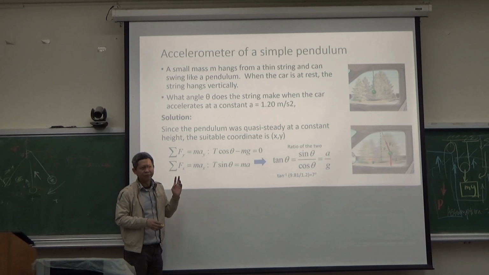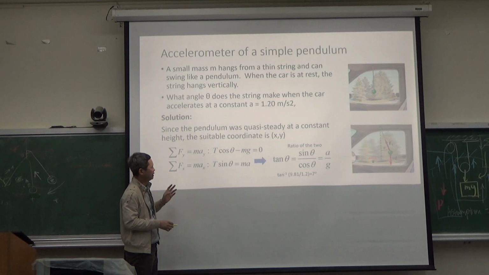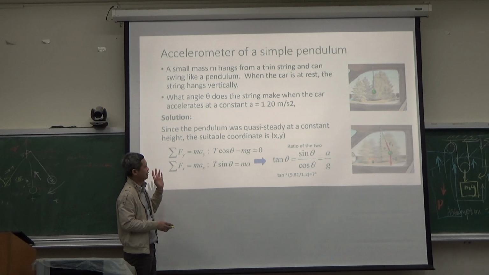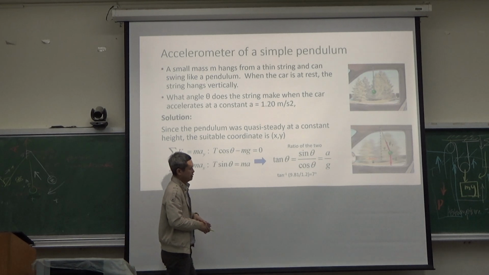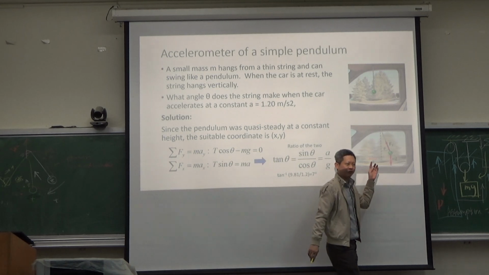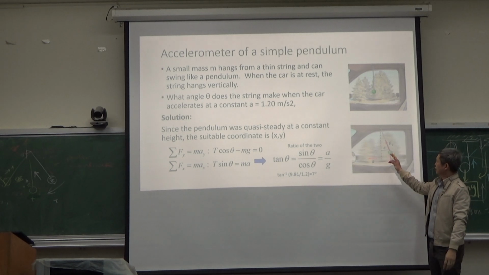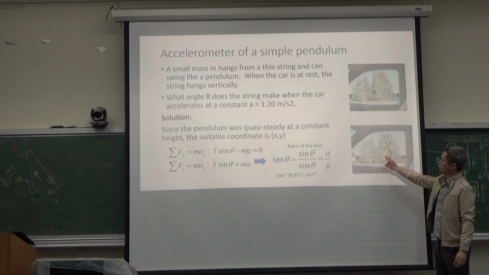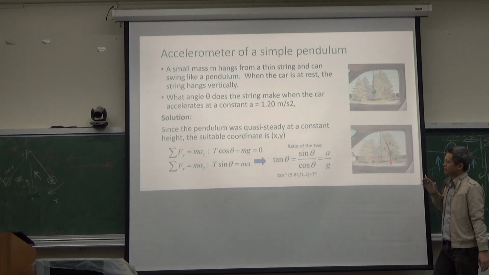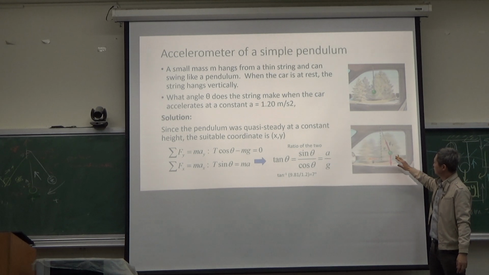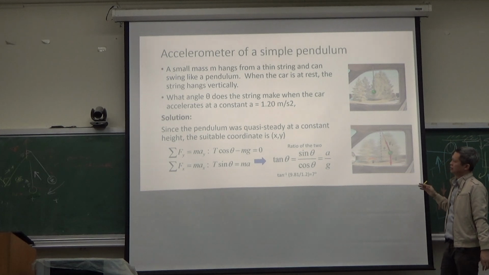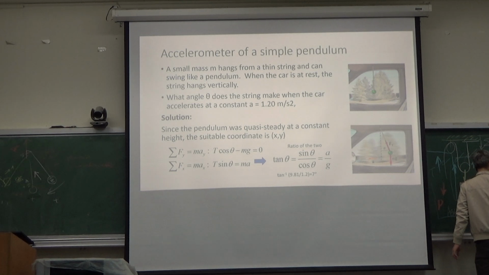You use it when the pendulum is shifted by horizontal motion. For example, you can have a simple accelerometer by installing a pendulum in your car. If you suddenly accelerate, the pendulum will move together with the car, but it's lagging behind.